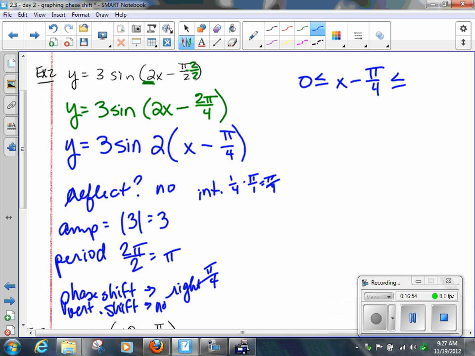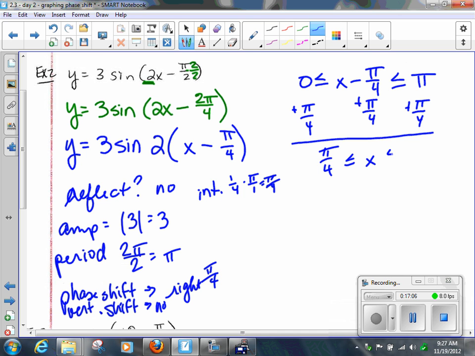Is this going to end up being nice? All right, so looks like it's going to be. It's going to start at pi over 4, and it's going to run to 5 pi over 4. If it starts at pi over 4 and our intervals are pi over 4, then won't we just take steps to get to 5?